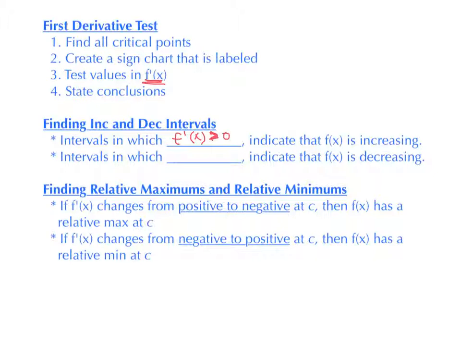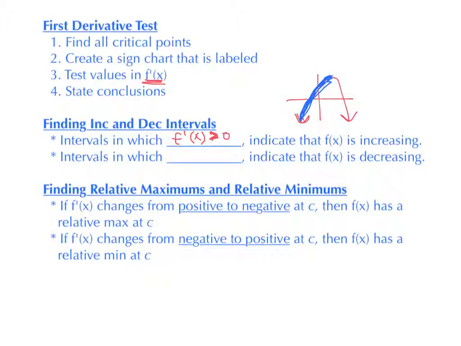Okay, this should make sense to us. You can see here in this example, when I am going up, what do I know about the slope of my graph for this portion where f of x is increasing? I know that my slope is positive, and that's what this is saying.